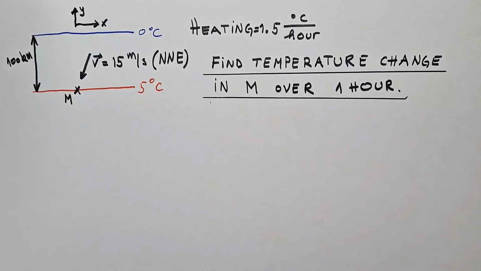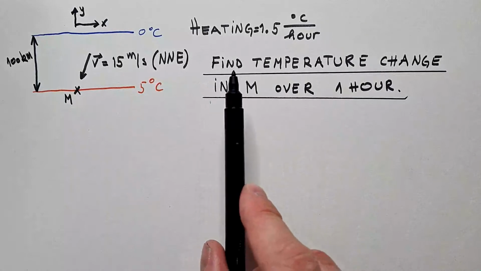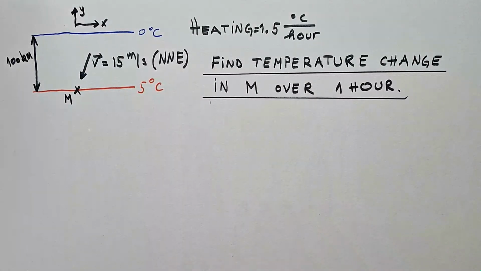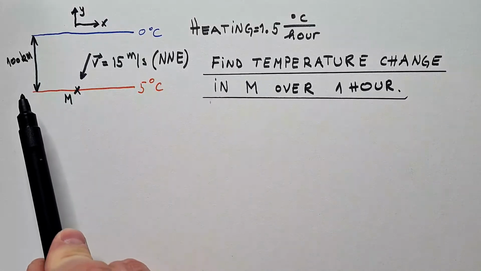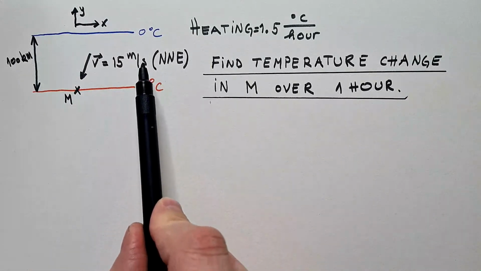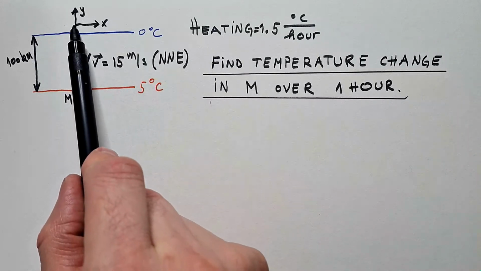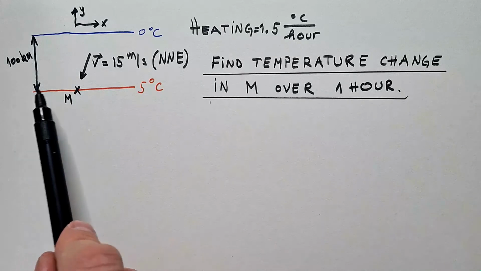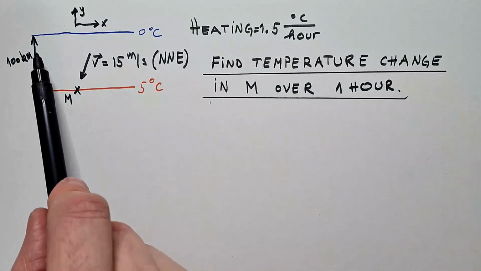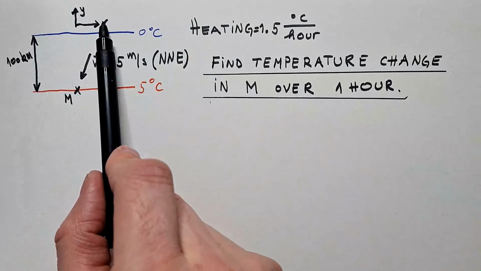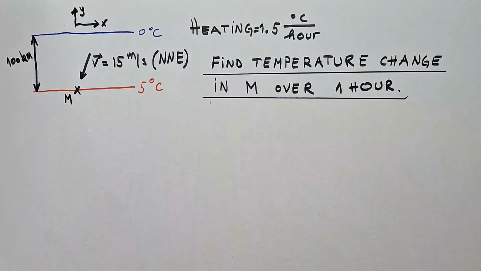Here is the setup of our problem. The goal is to find the temperature change in m over 1 hour. We see that spatially temperature is changing by 5 degrees Celsius in the direction of north, which is my y-axis, and this change of 5 degrees is over 100 kilometers. The x direction is positive eastward.